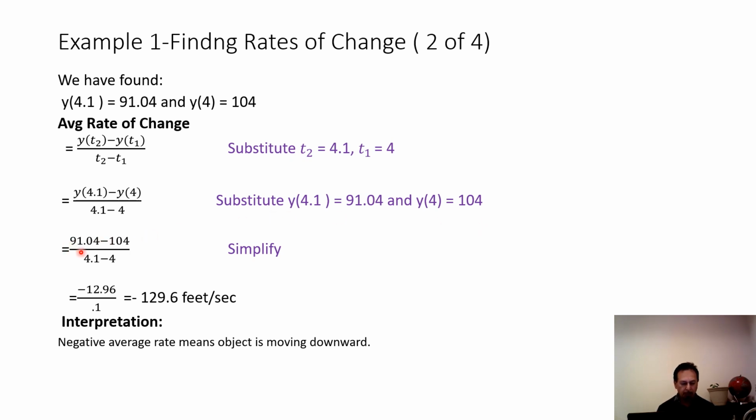So this becomes 91.04 minus 104 over 4.1 minus 4. We simplify, it becomes negative 12.96 over 0.1, which becomes negative 129.6 feet per second. Interpretation: a negative average rate means the object is moving downward.